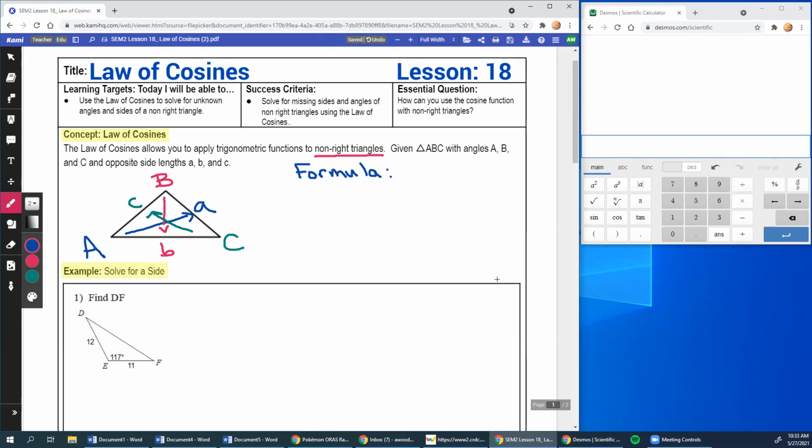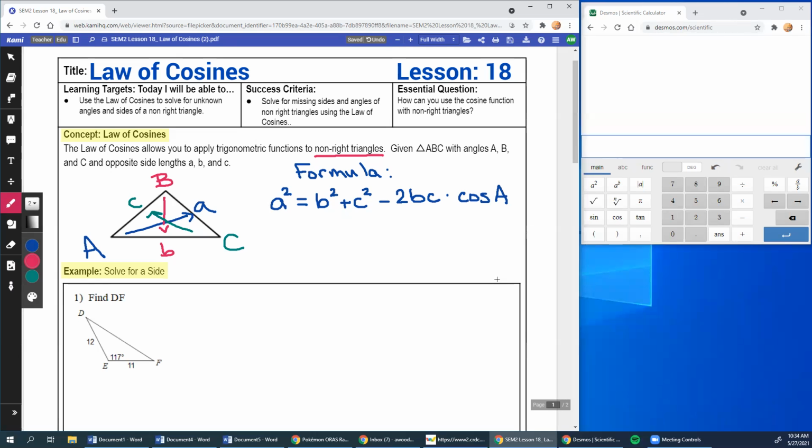So our formula is a squared is equal to b squared plus c squared minus 2 times b times c times the cosine of A. Now, I do want to give the disclaimer. It's not always going to be a squared and cosine A. It can be angle B. It could be angle C. But this is just our generic.